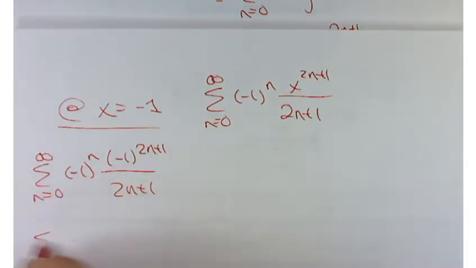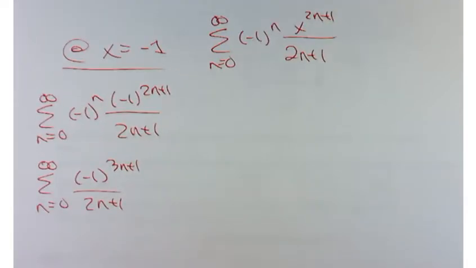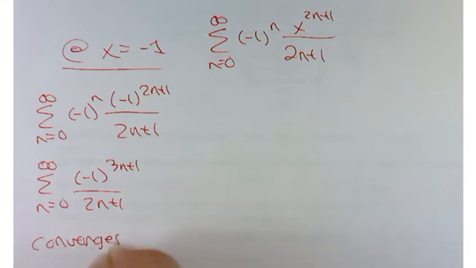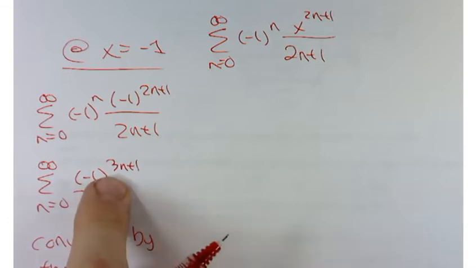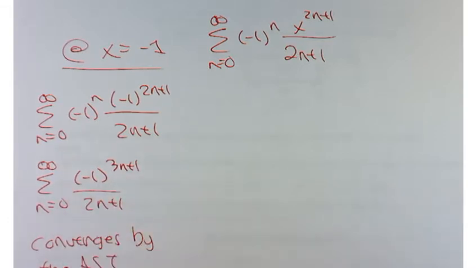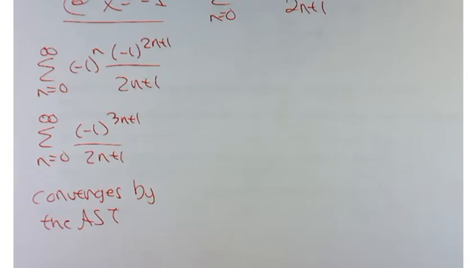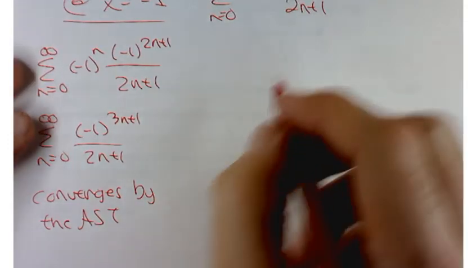Adding the exponents, I get the sum from n equals 0 to infinity of negative 1 to the 3n plus 1 over 2n plus 1. Is that going to converge? Yeah, it converges by the AST. Negative 1 to the 3n plus 1 is going to alternate. 2n plus 1 is simply going to be negative 1 forever. But 3n plus 1 works.